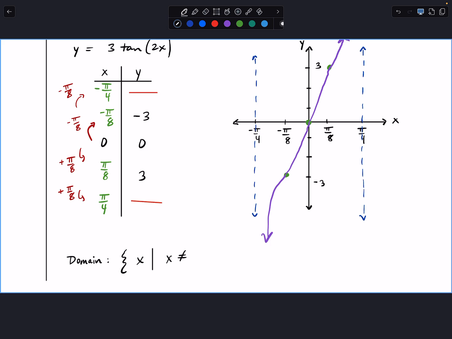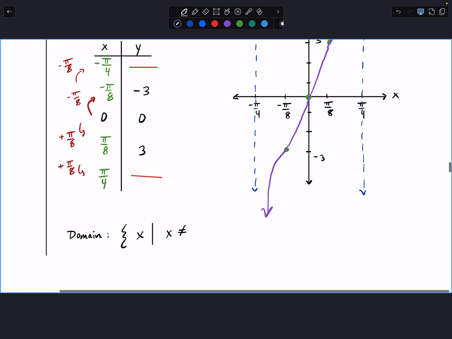Because these are vertical asymptotes, right? So that means that the function's undefined. What do both of these asymptotes have in common? They're both pi over what? 4. So that's what goes here. So it's going to be pi over 4.